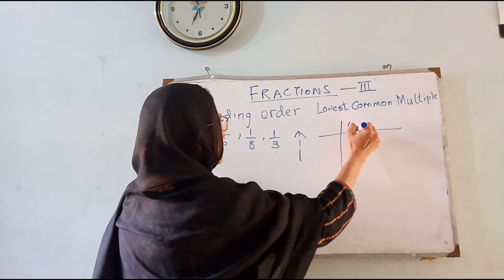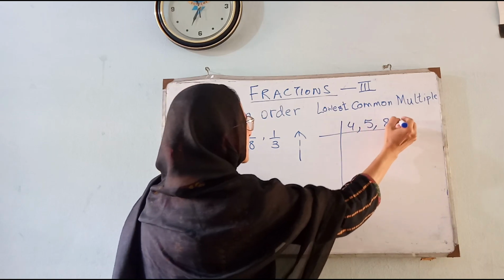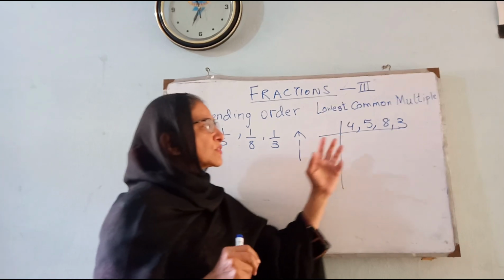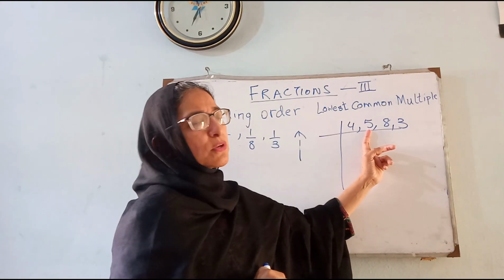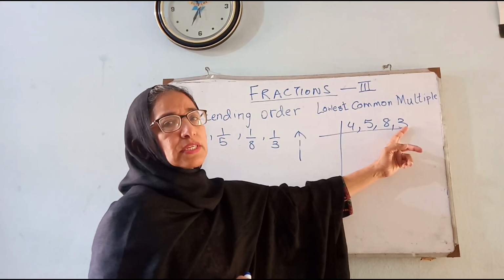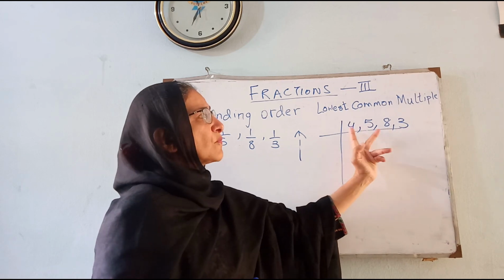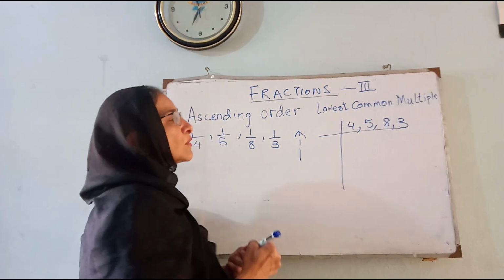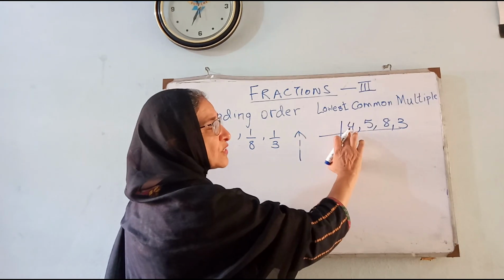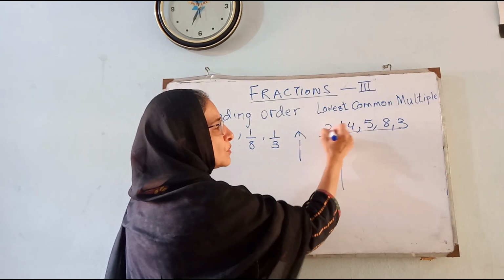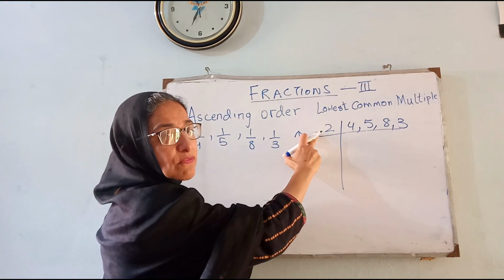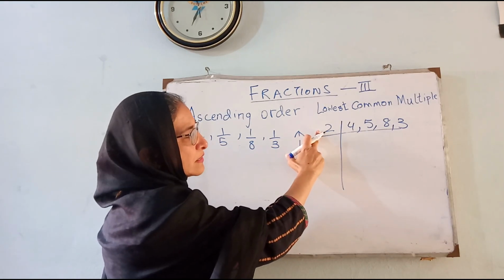They are 4, 5, 8 and 3. Now 5 comes only in the table of 5, and 3 comes only in the table of 3. But what about 4 and 8? They come in the table of 2. So the smallest number with which we can divide 4 and 8 is 2. So I am going to write the number with which I can divide here.